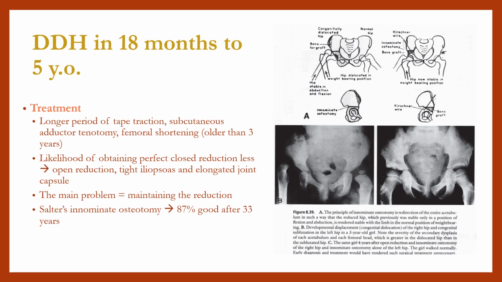The likelihood of obtaining a perfect closed reduction is less. Open reduction with tight iliopsoas and elevated joint capsule. The main problem is to maintain the reduction. Salter innominate osteotomy results in 87% good outcomes after 33 years.